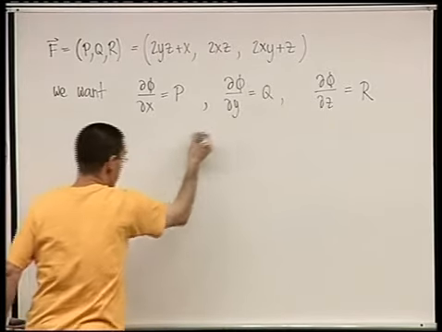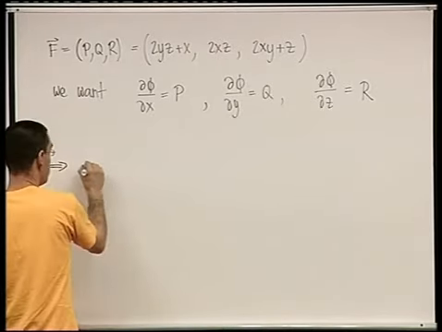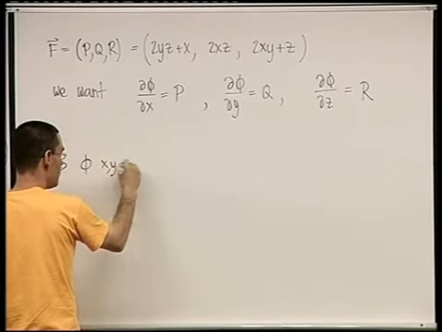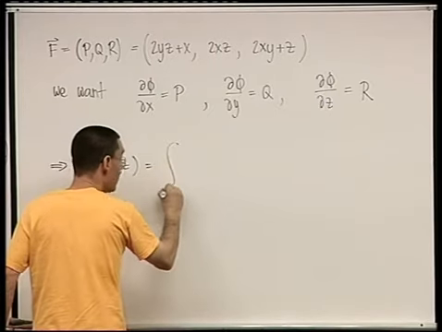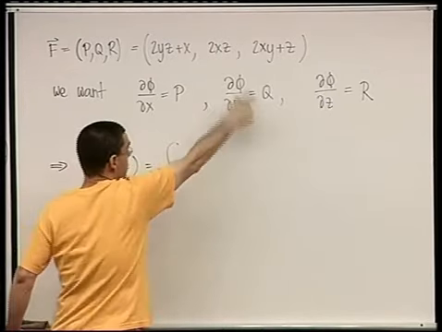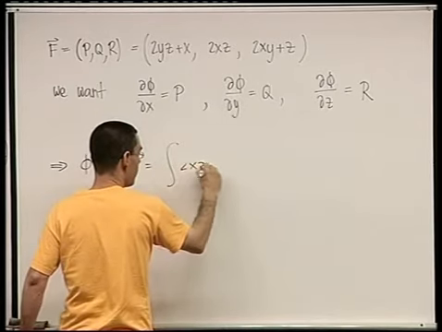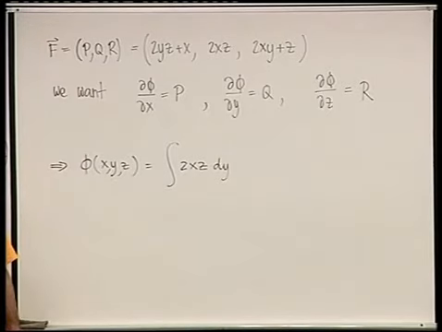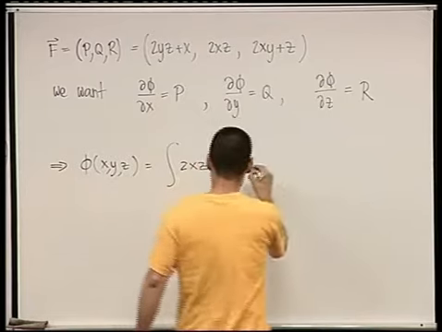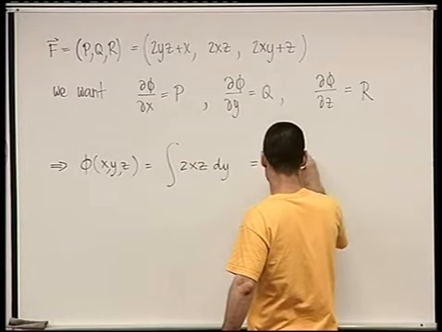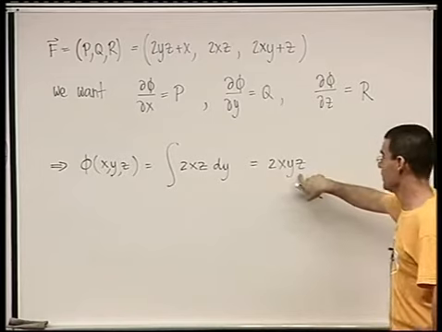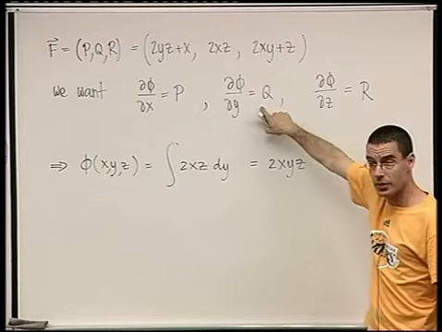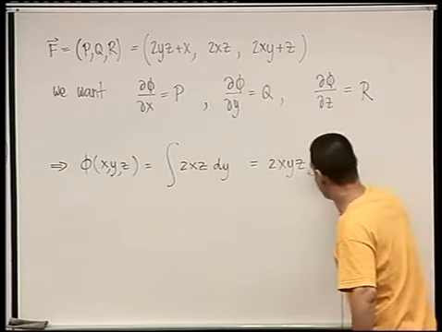So from this it follows that phi itself, phi of x, y, z, has to be the integral of its derivative with respect to y, which is Q, which is 2xz, integrated dy. This is an indefinite integral. I'm just looking for the antiderivative. Okay? And this is very easy. So this is just 2xyz. The derivative of this with respect to y is 2xz, right? Satisfies this. But plus what?